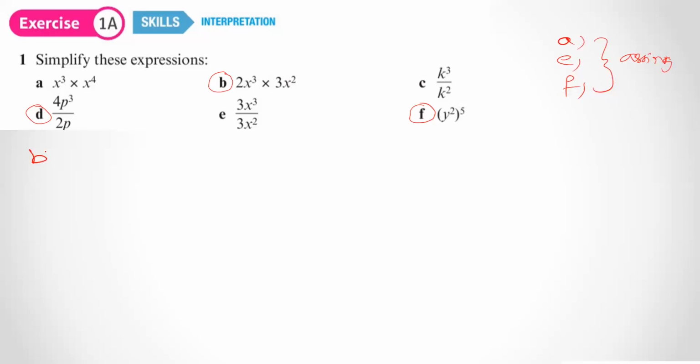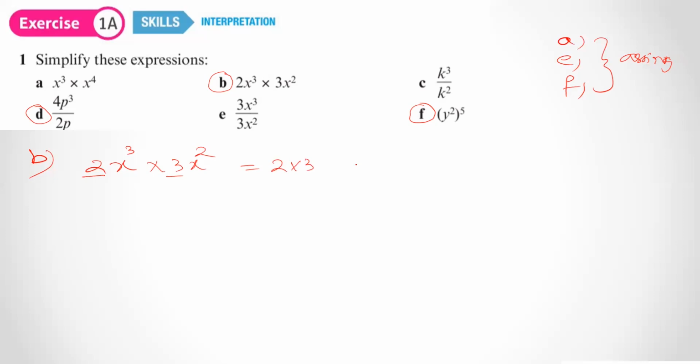Okay. B states 2 times x power 3 times 3x power 2. So you have these two different constants, and they are multiplied. So we write 2 times 3 separately.